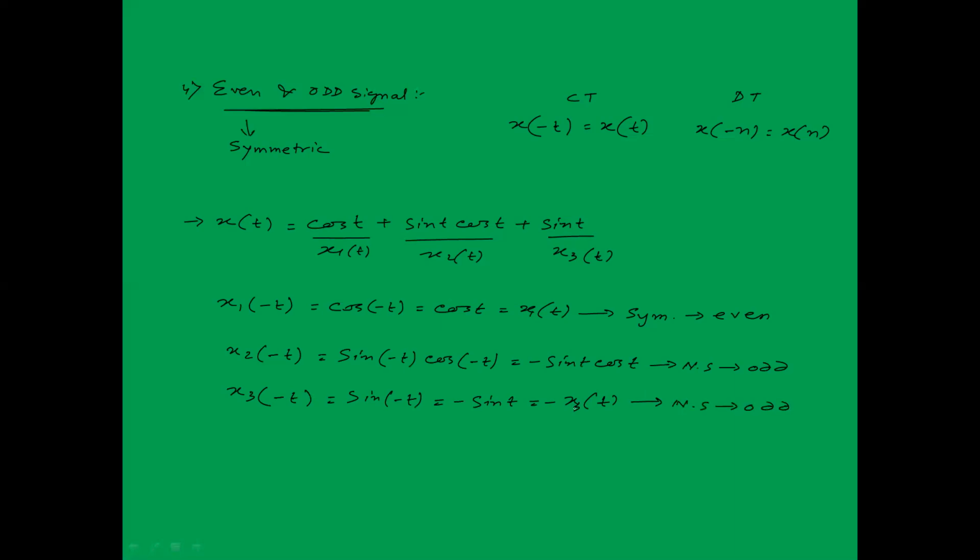So the even component of x of t is cos t, and the odd component of x of t, the summation of all odd components, that is x2(t) and x3(t), is sin t cos t plus sin t. So this is how you will find the even component and odd component of a signal.